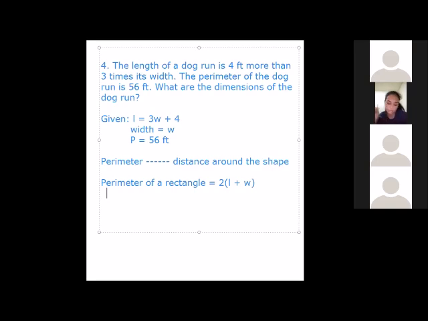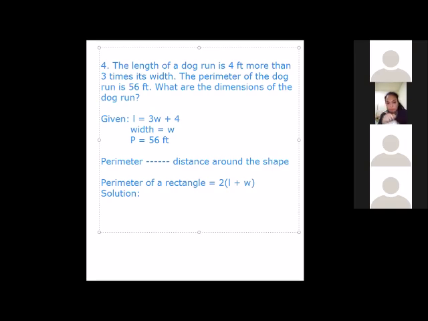And from our problem, we can have perimeter, which is equal to 56. We will now substitute. Okay, our solution will start with substitution of the given to our formula.